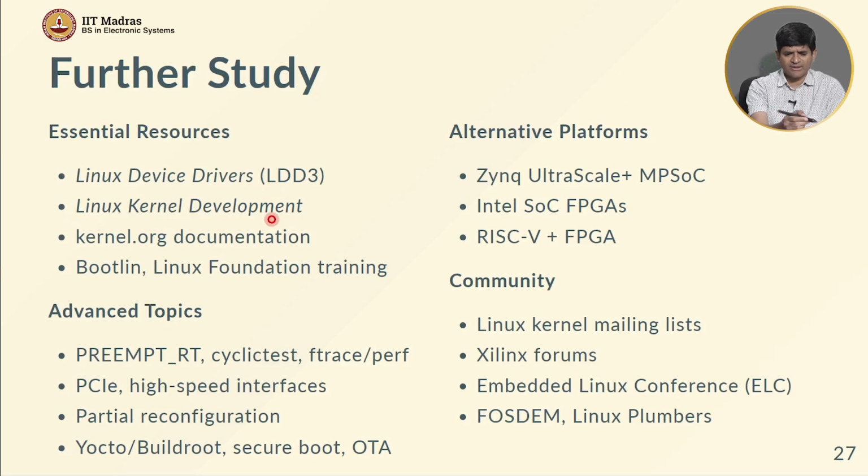There are other things mostly online. Very rarely would I say that this is a definitive book, go buy it. At this point in time, the most up-to-date information is going to be the kernel source code itself. So at some point you need to get used to the idea that going to the actual kernel documentation and reading the source code is probably the best way of understanding what's really happening behind the scenes.